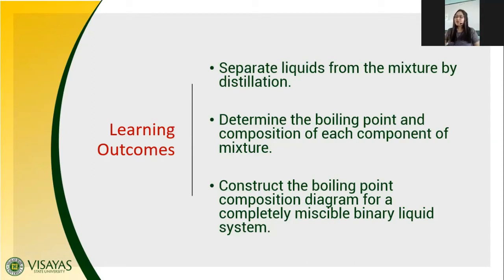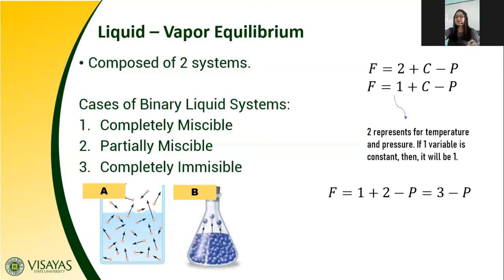But before that, we will have a short discussion on the binary complex, or the liquid-liquid equilibrium mixtures and their conditions. So let's have a short discussion of it. All right. When we say liquid-vapor equilibrium, the equilibrium means the two phases exist equally.